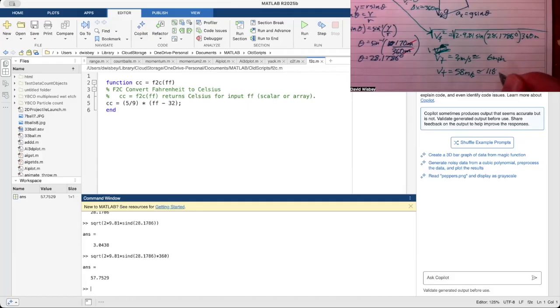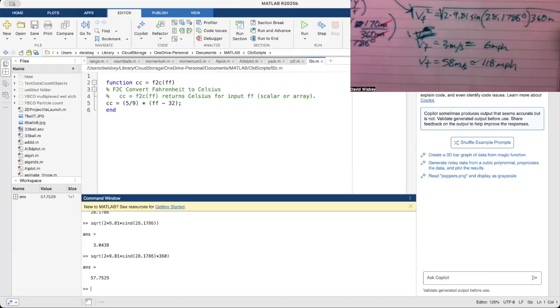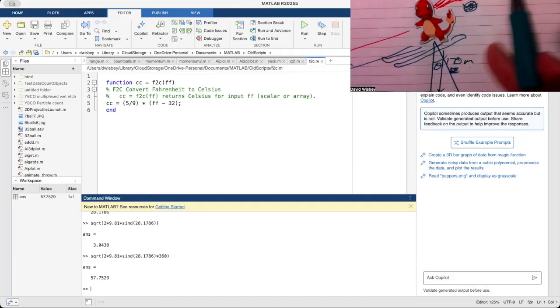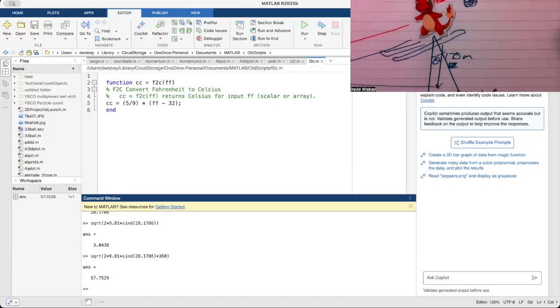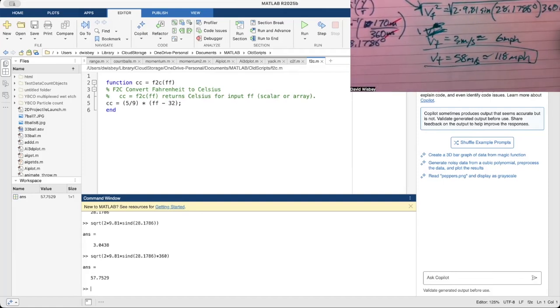This is about 118 miles per hour. This seems much more reasonable for an Olympic skier, or obviously Charmander with these flames pushing him forward. Charmander's going way over 100 miles per hour, and so are the Olympic skiers.